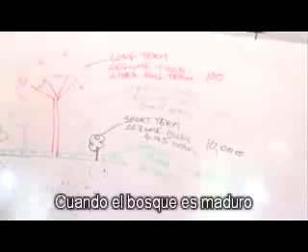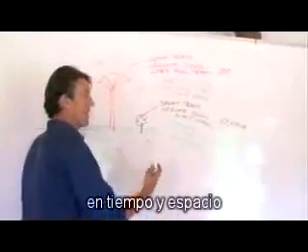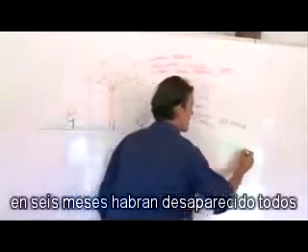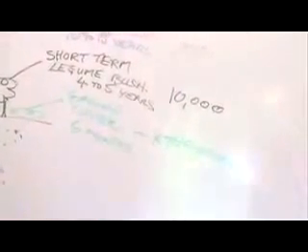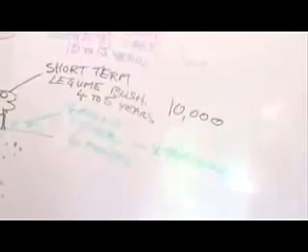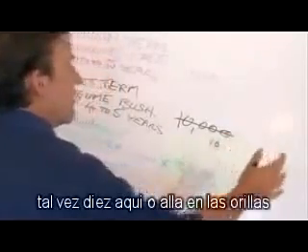When the forest is mature and it's gone through these cycles in time and space, in 6 months they're all gone. There might be a few around the edge that regenerate, but not many. In the end, there's very few of those. There's maybe 10 here and there around the edge.